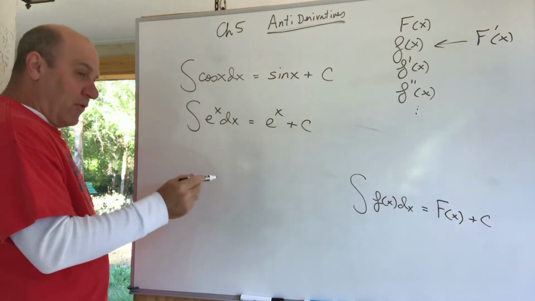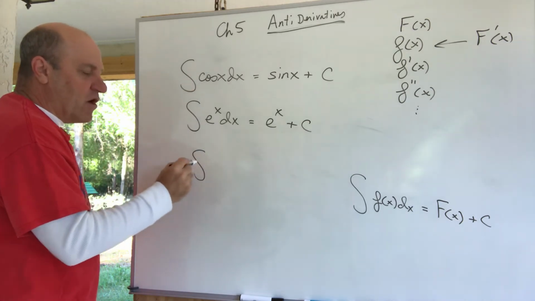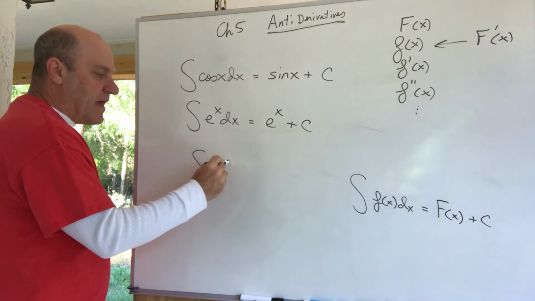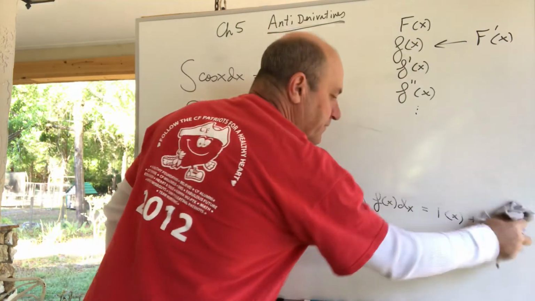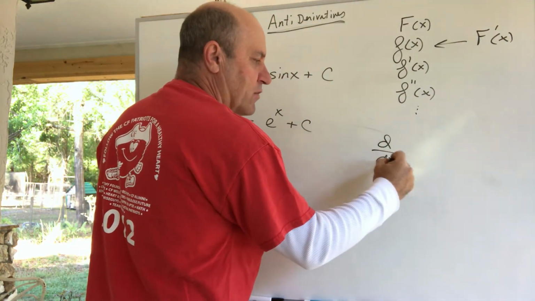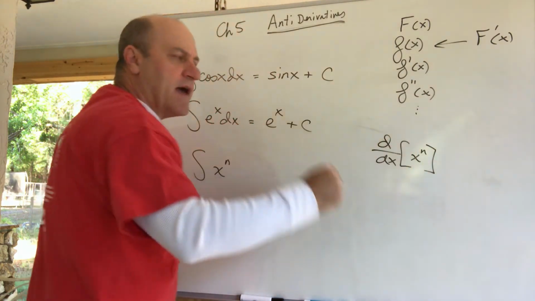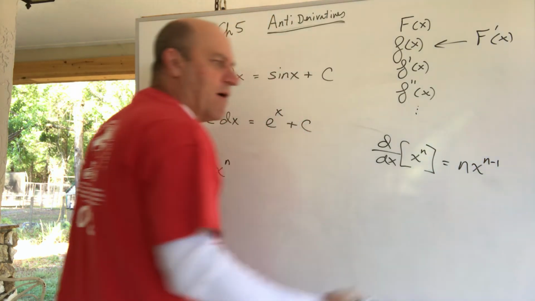To do these power rules, the main rule, so I just threw a couple up here, but the main rule is what we call the power rule. And so I'm integrating some x to some power. Now you remember the derivative rule. The derivative rule, power rule, was if you're taking the derivative of x to a power, you bring the power down, right, and then you subtract one from that power.